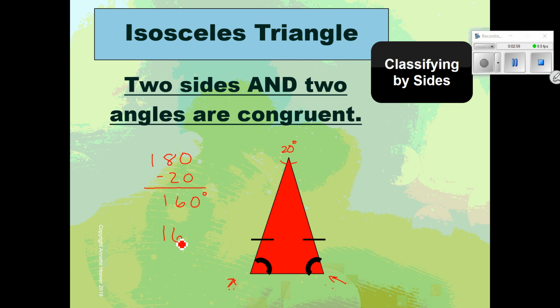So if we take that 160 degrees and we divide it by 2, we would know that each of these angles down here were 80 degrees. So as we look at triangles today and you see an isosceles triangle, they may only give you one of the angles, but you should be able to figure out the other two by figuring out how many degrees are left and dividing it by 2.